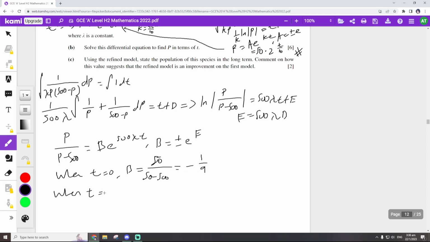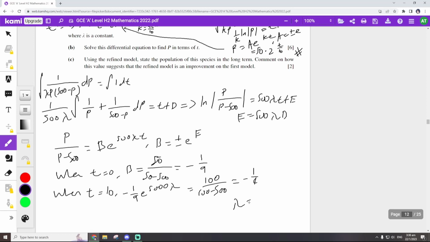When t equals 10, we have 100. We have negative 1 over 9 e to the 5000 lambda equals 100 over 100 minus 500, which is negative a quarter.